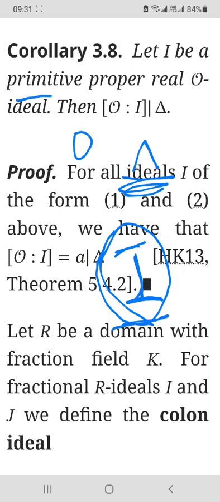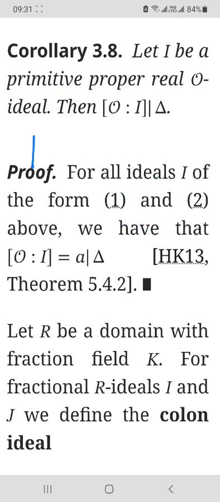Primitive means that it looks like a prime ideal, that is a prime cyclic group. So primitive can be viewed as a concept like a prime order cyclic group. That is the kernel of the isogeny, a prime order cyclic group. An ideal can correspond to an isogeny, and a primitive ideal corresponds to a cyclic isogeny.